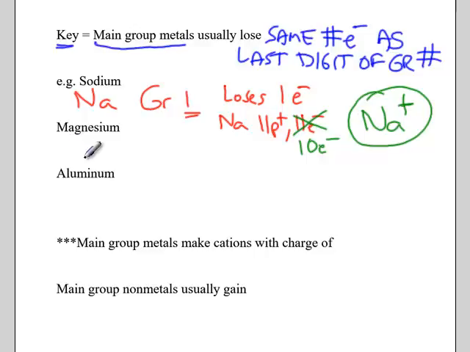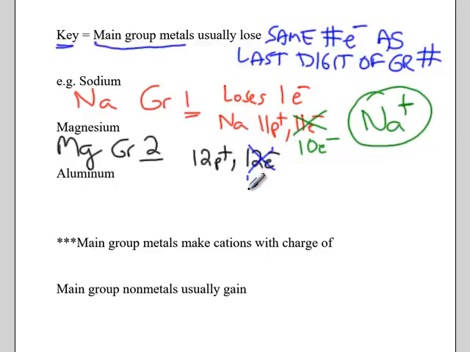Magnesium is right next to sodium on the periodic table. Capital M, lowercase g. It's in group number 2. A sodium lost 1 electron. A magnesium, being in group 2, is going to lose 2 electrons. So magnesium started off with 12 protons and 12 electrons because it started neutral. If it loses 2 electrons, that number drops down to 10.